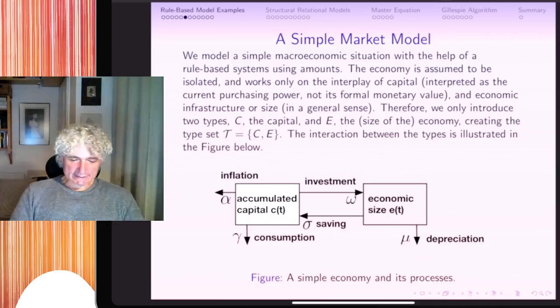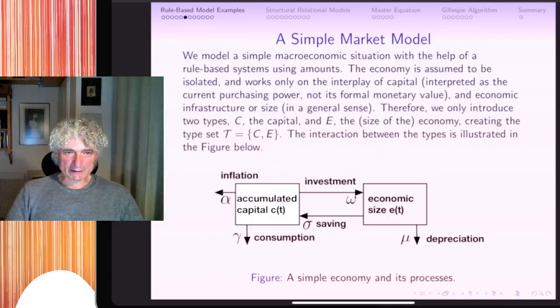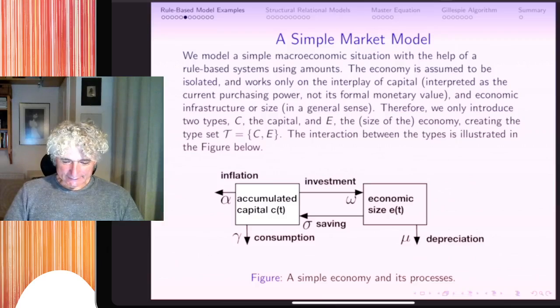So let's first discuss a little bit the different types we have to minimally introduce for a very rough economic model. First of all, some capital. Capital in a certain sense plays the same role as energy, I would say.